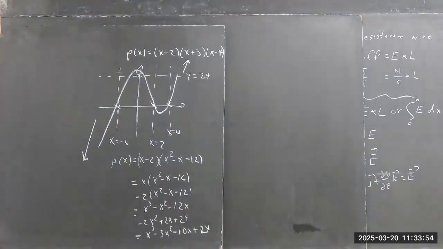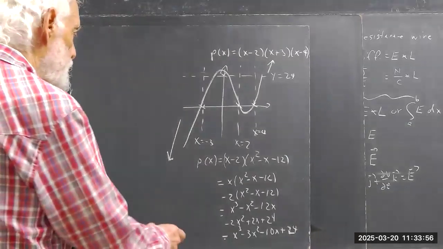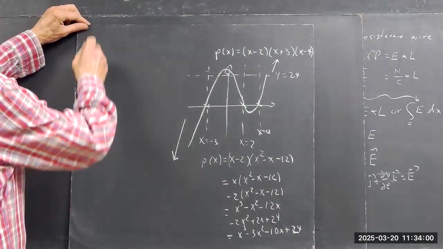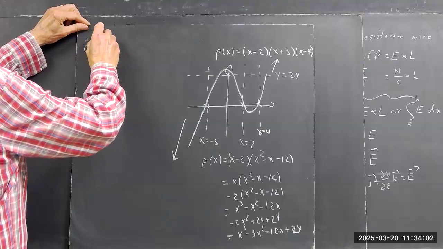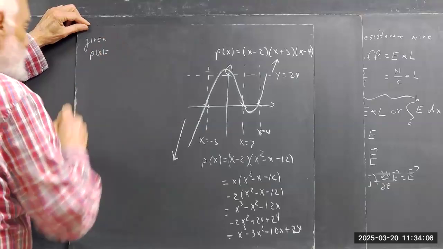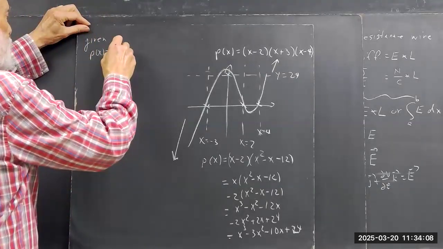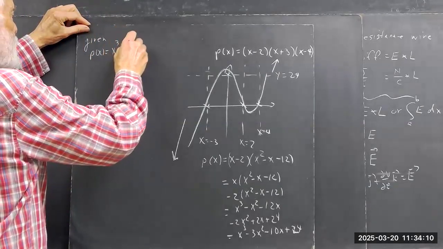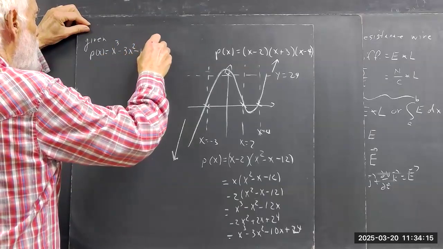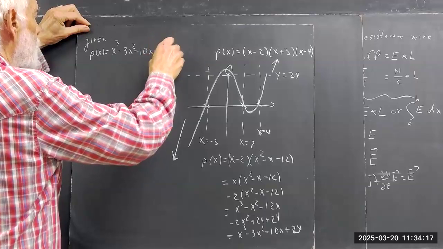Now let's pretend we're given p of x equals x cubed minus 3x squared minus 10x plus 24.